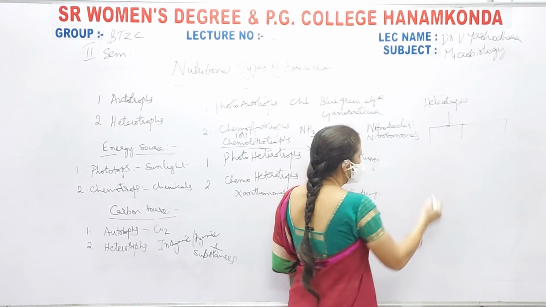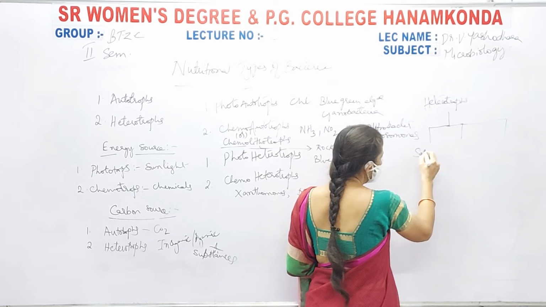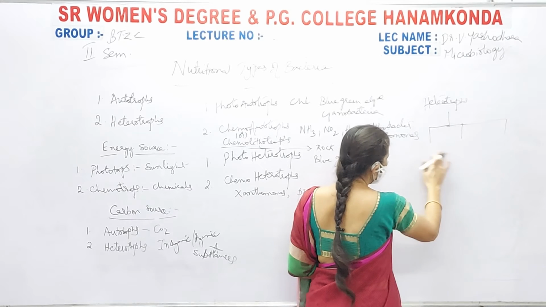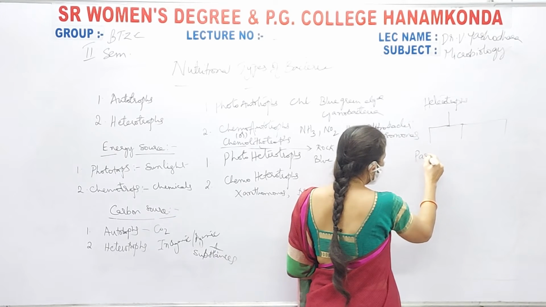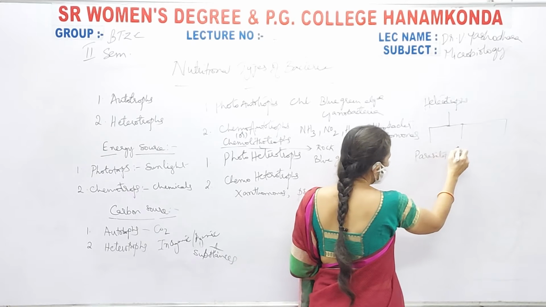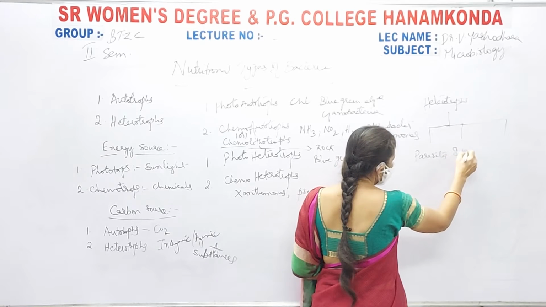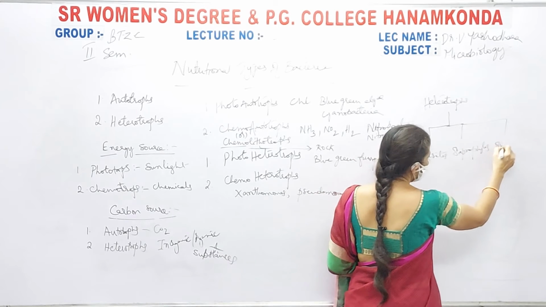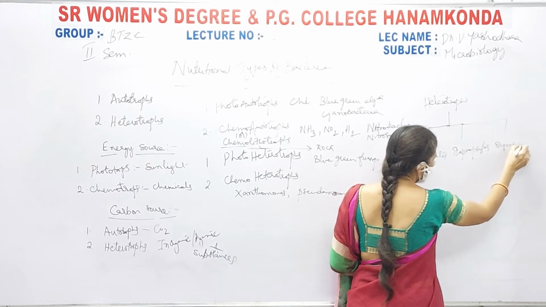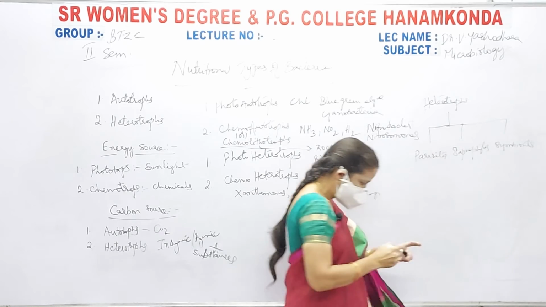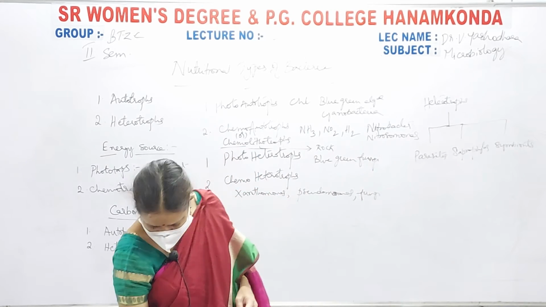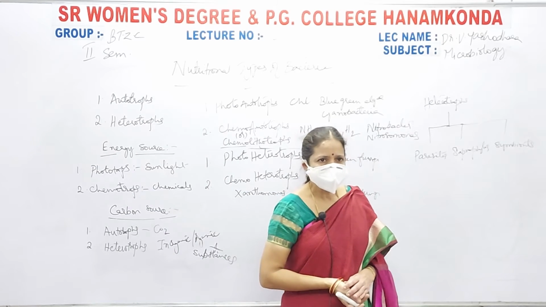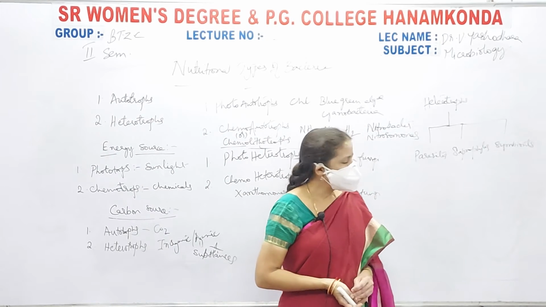They are parasites, saprophytes, and symbionts. Okay, these are the three different types of organisms based on their nutrition.